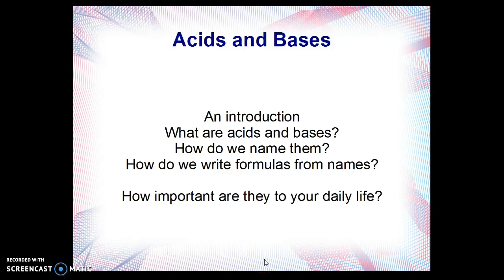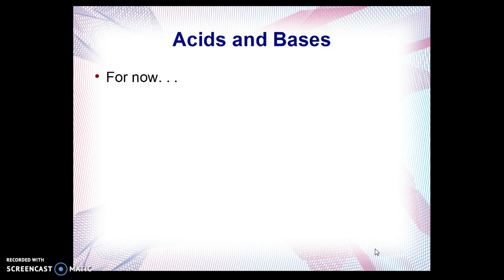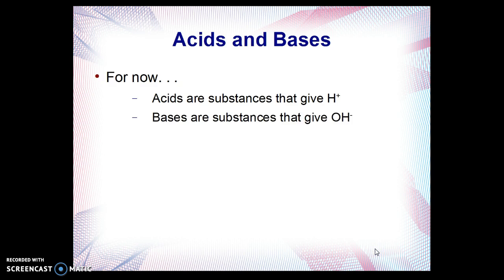Let's look at acids and bases, and particularly how to name them and write formulas. For now, acids are substances that give off hydrogen ions, and bases are substances that give off hydroxide ions.